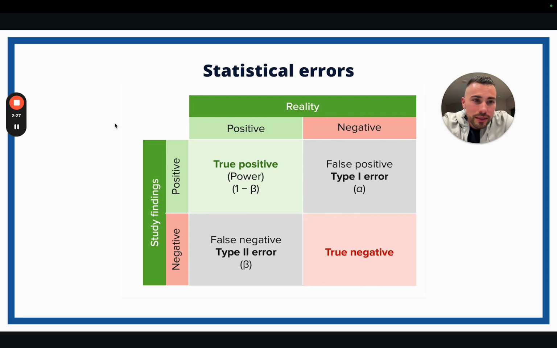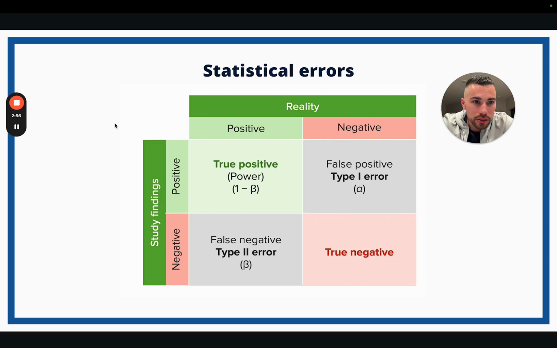When we're doing this type of analysis, we can make some statistical errors. So on top of the graphic, we'll see supposed reality. We will imagine that there is in fact an actual difference between the groups. In the first scenario, the reality shows us that there is a difference and our study findings are also positive.